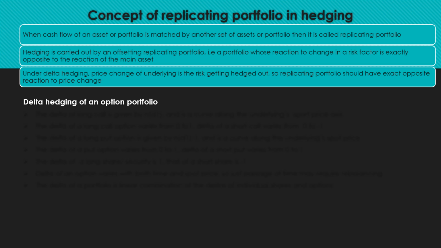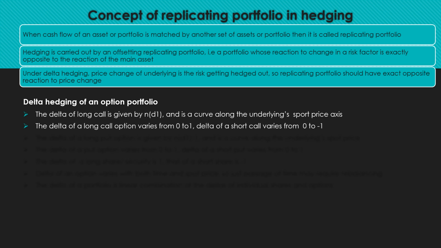Now let's examine delta hedging of an option portfolio. Delta of long call is given by N(d1), that is the cumulative probability distribution of d1, and is a curve along the underlying asset spot price axis. The delta of a long call option varies from 0 to 1.